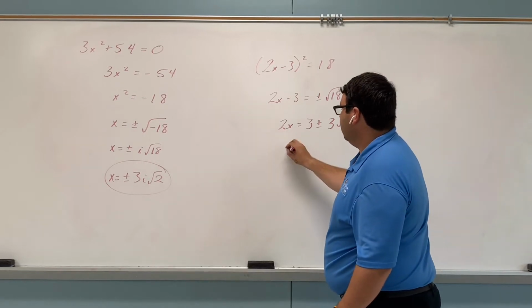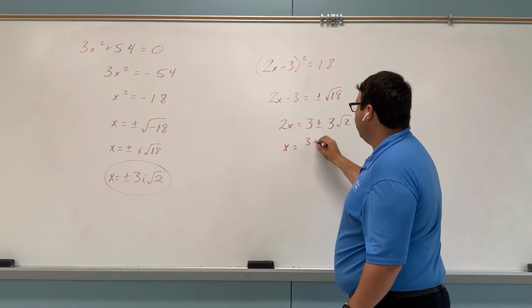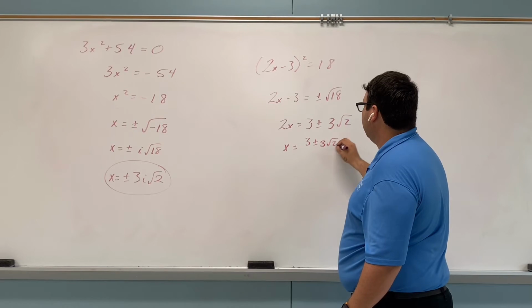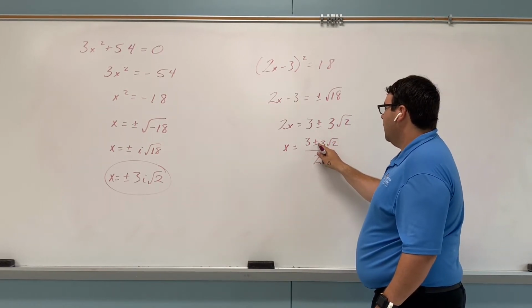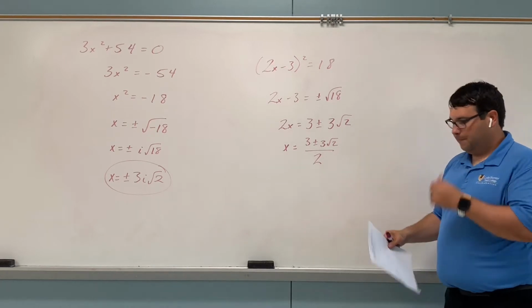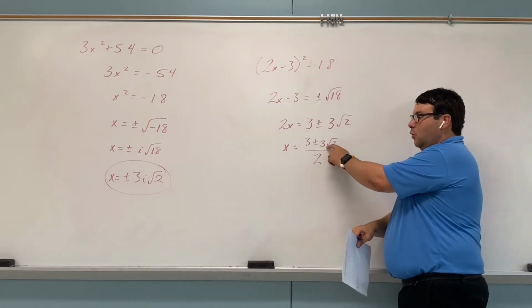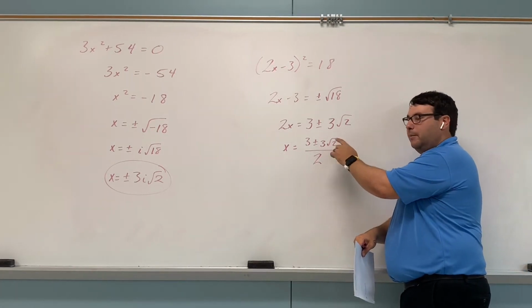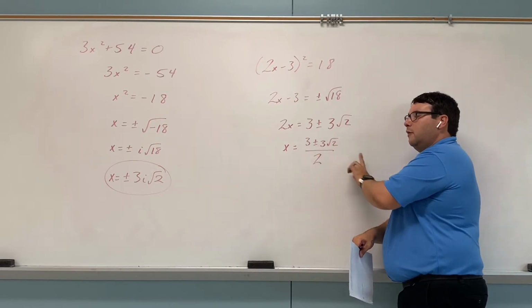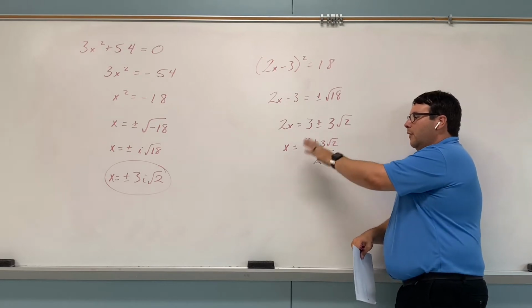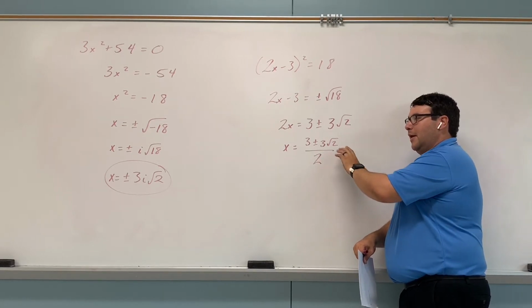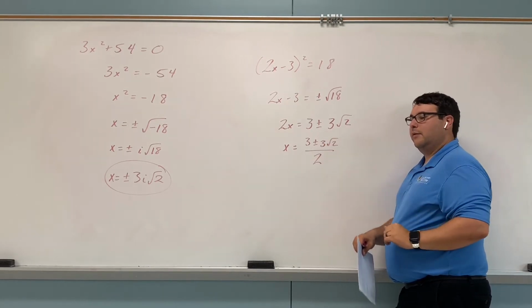Divide by 2, so x is equal to 3 plus or minus 3 square root of 2, all of this divided by 2. Now, a very important point to make, particularly if this were imaginary. It is not for this problem, but if it were, you would have to split this up so that you have your complex number format. You don't have to worry about it in this situation because everything is real. So that is awesome.